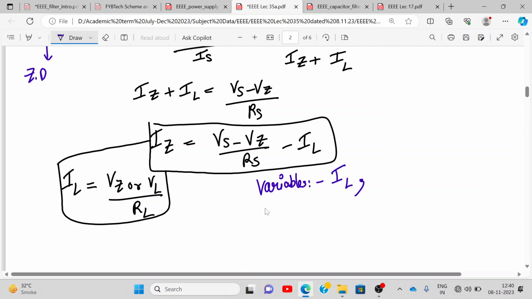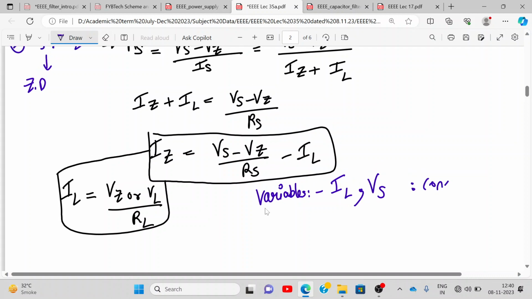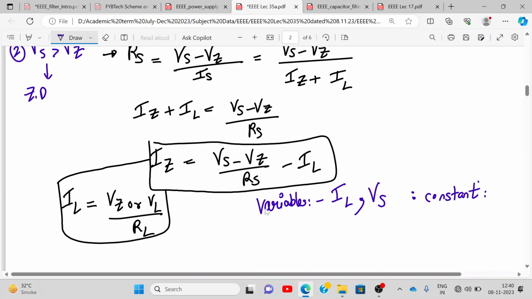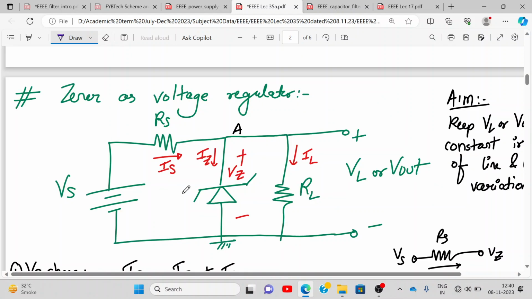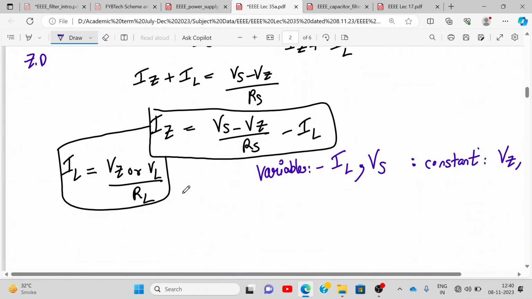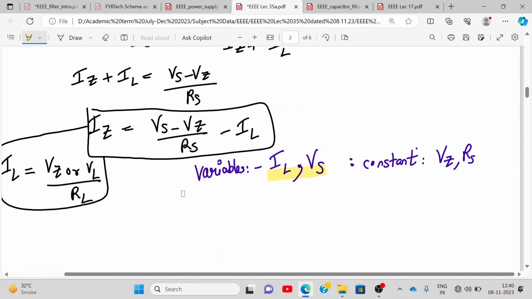IL can change, Vs can change. What are the constants? Vz and Rs. Yes or no? Why? Because Zener voltage will not change. Rs also is a resistor, it will not change. So the changing parameters are IL and Vs, and the constants are Vz and Rs.